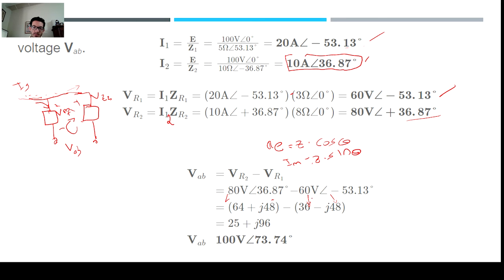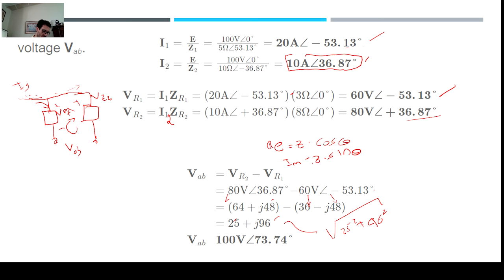In that particular case, if you do the summation of all the elements, you get 64 minus 36 is 25, and 48 plus 48 is 96. Therefore, turning this into a phasor again to know the difference between A and B, this will be the square root of 25 squared plus 96 squared.